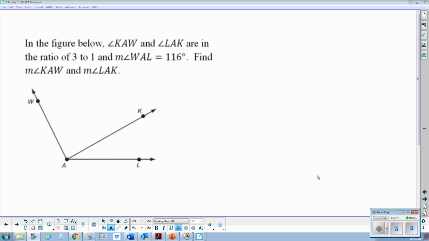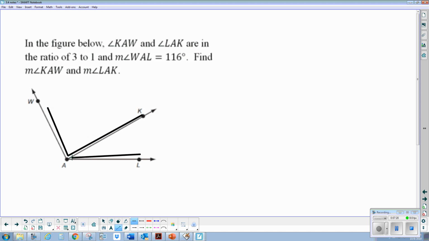And then let's look at this last example. It says in the figure below, angle KAW and angle LAK are in the ratio 3 to 1. So again, I'm going to outline those angles.